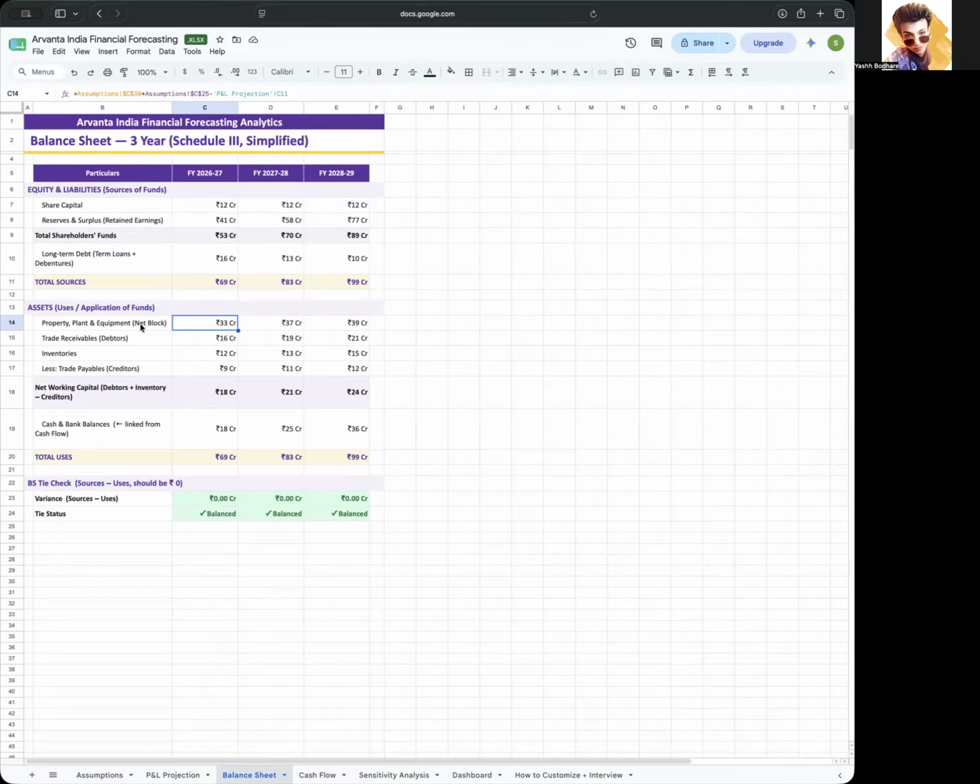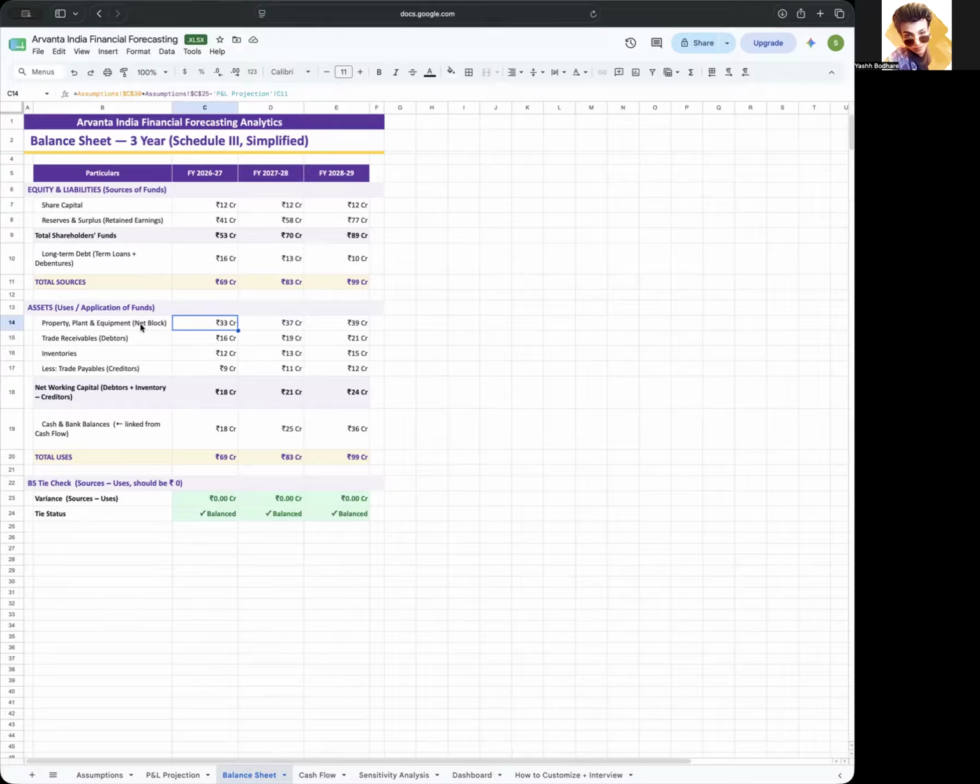PPE includes long-term productive assets such as manufacturing plants, machinery, factories, buildings, and equipment. This is one of the most important assets for a manufacturing company because these assets generate future production and revenue.